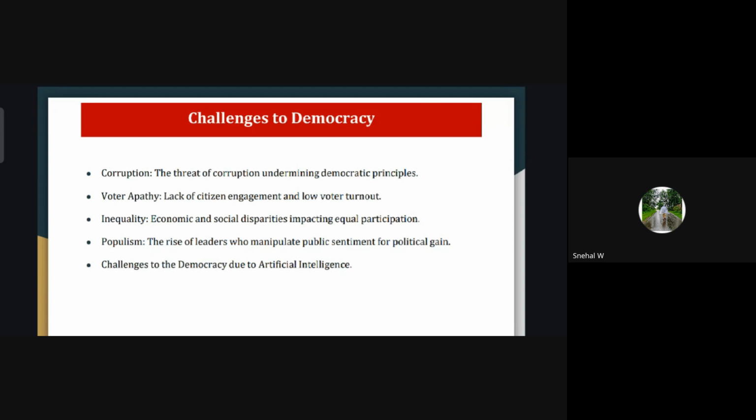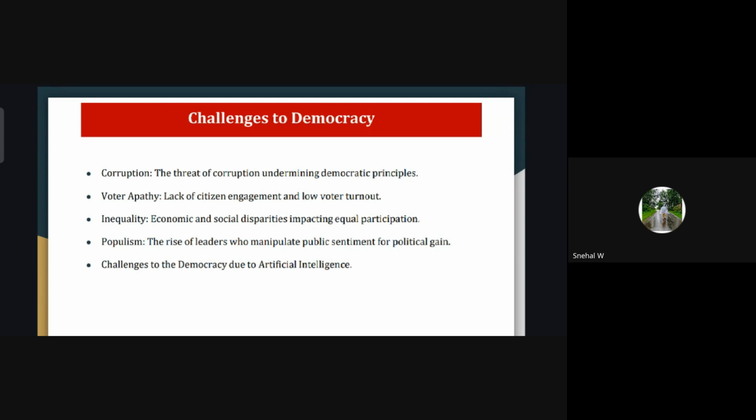The biggest threat which we have today is corruption, right? Because democracy or a democratic setup is launched not only for the rulers or for the government. In fact, the government is initiated for the well-being of the people, right? So people are supposed to abide by the rules, right?